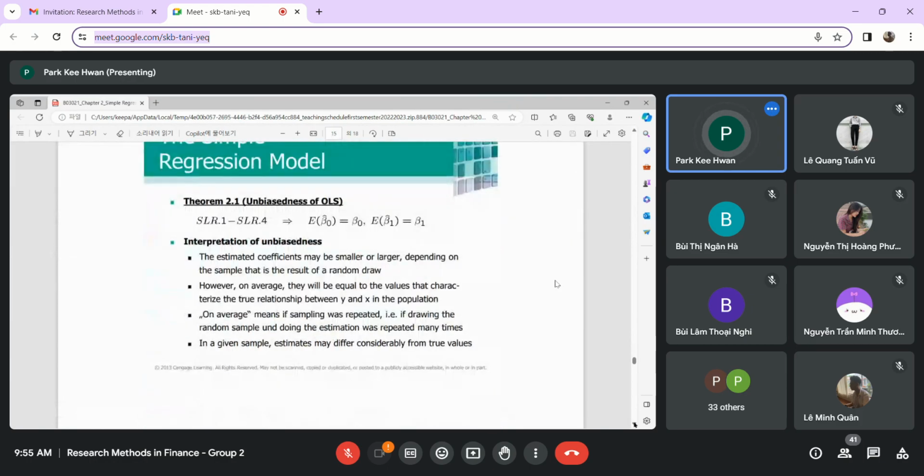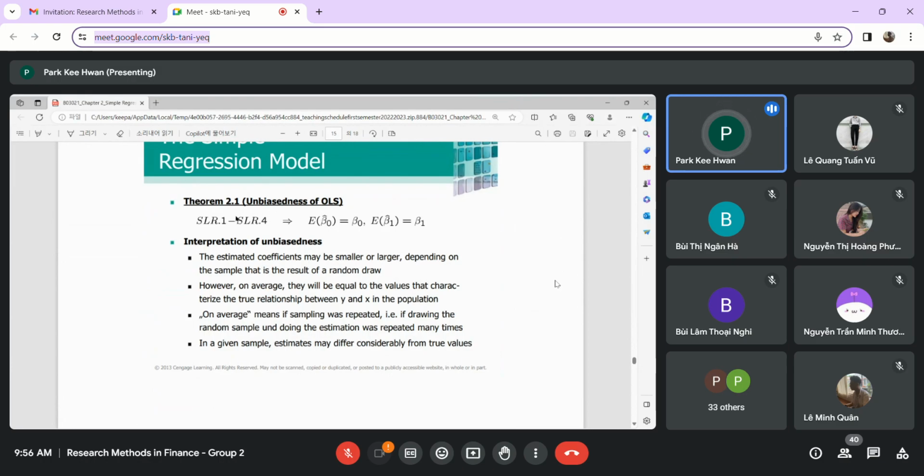So we have assumption one, linear relationship; assumption two, random sampling; assumption three, the explanatory variable should vary; and assumption four, zero conditional mean. Okay, so those four assumptions.